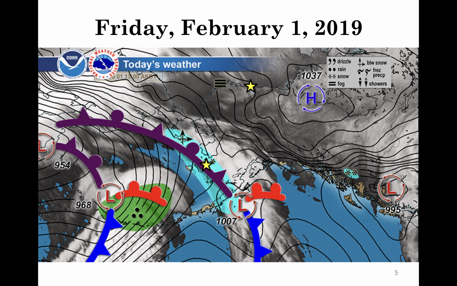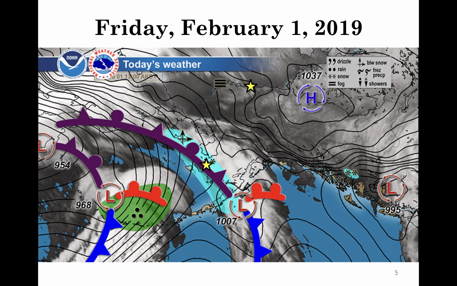We'll go ahead and take a look here at February 1st. In my data analysis, it shows that on February 1st in Bethel, the temperatures were somewhat higher than normal. On February 1st, there are high pressure systems, as you can see here, that are influencing Kubrick.